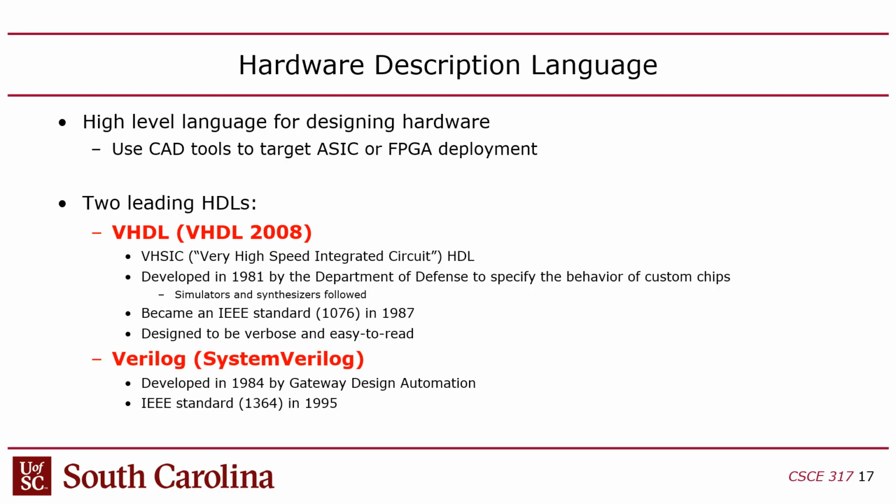You can simulate it in a simulator, or you can synthesize it into hardware, which converts the code to hardware that you can then deploy either on an ASIC, a custom integrated circuit that would have to be fabricated, or an FPGA, which is a programmable logic device, right? It acts like a blank slate.